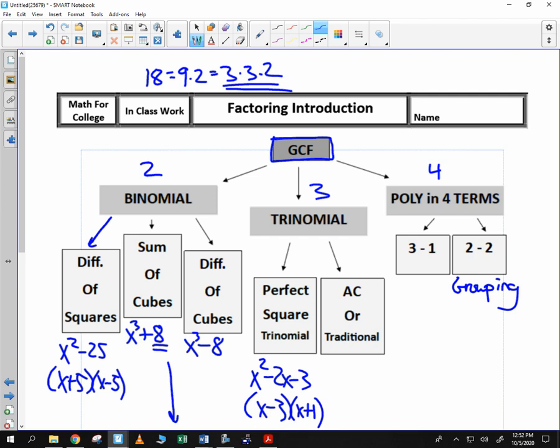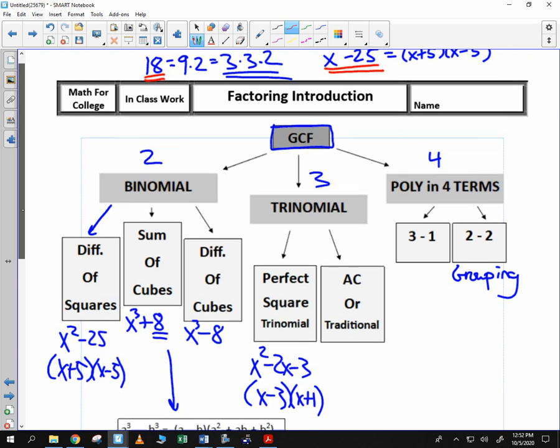So there's value to writing things in factored form. Similarly, x squared minus 25 is x plus 5 times x minus 5. So what you see here is the difference between factoring a number and factoring an algebraic expression. Factoring means to write as multiplication.